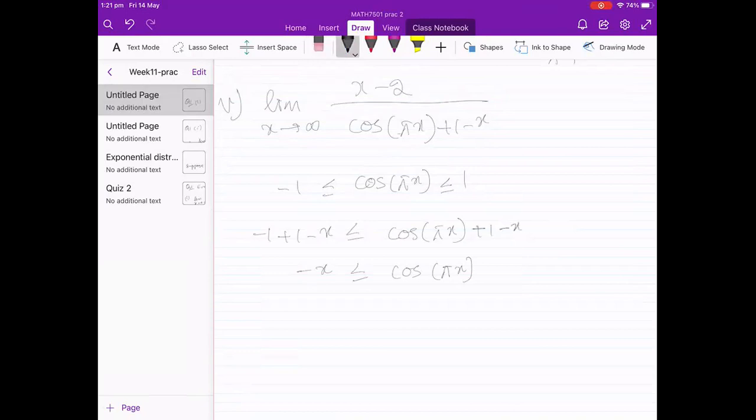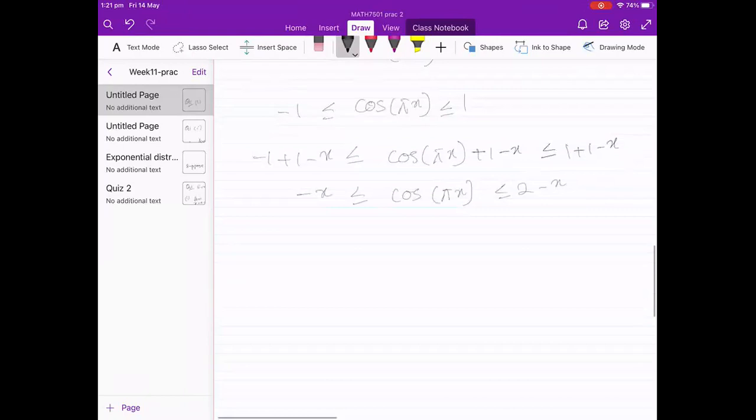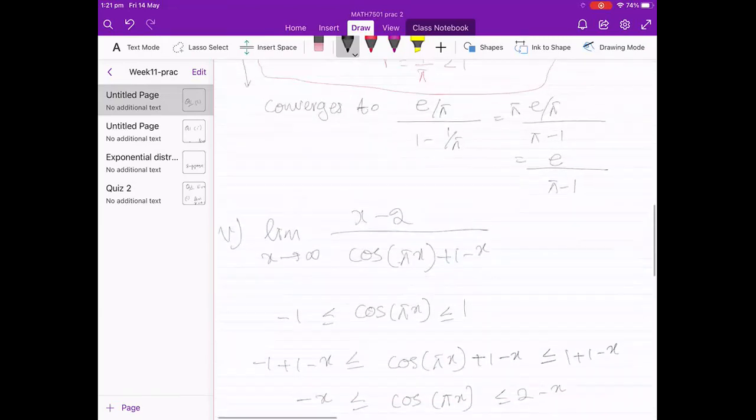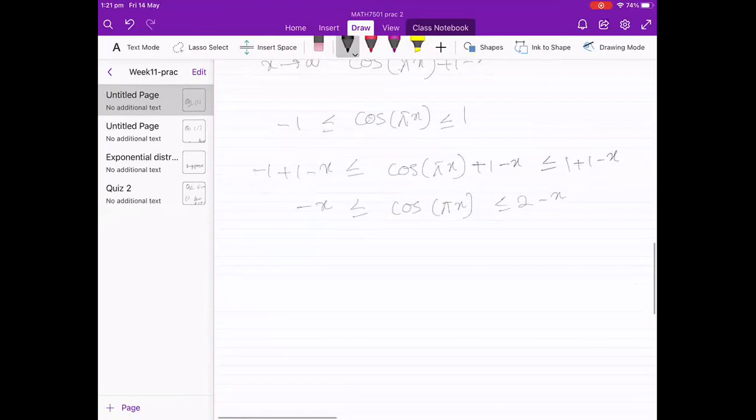Plus 1 minus x. 1 plus 1 minus x, which is 2 minus x. Okay, now we need to flip this and we need to divide by 2 minus x and flip the signs of the inequalities.